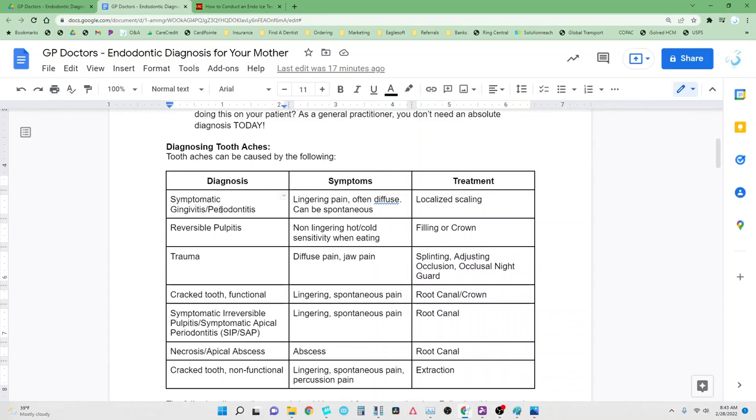Patients come in, usually let's just pretend that it's a recall patient. The patient comes in and says, hey, I've got a toothache on number 30. And we ask, well, is it waking you up? Why do we ask if it's waking them up? Because that gives us the differentiation between spontaneous pain and non-spontaneous pain.